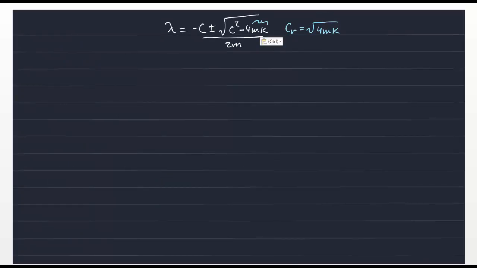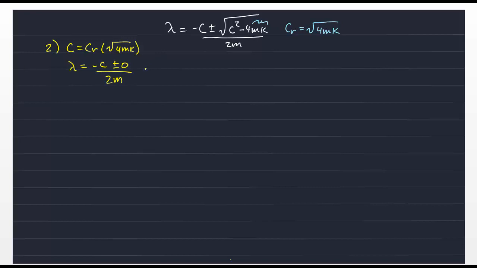So now let's consider the situation in which our damping coefficient is equal to this critical value, which is the square root of 4mk. In that case, what's under the radical is 0, and therefore lambda is equal to minus c plus and minus 0 divided by 2m.